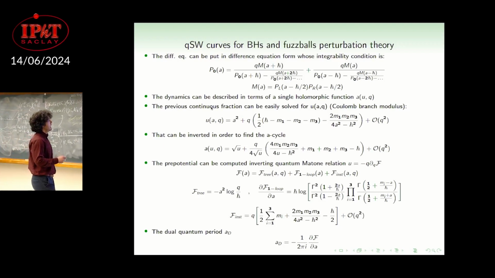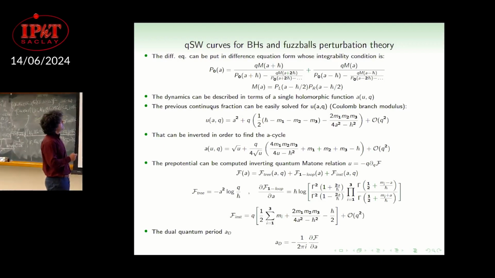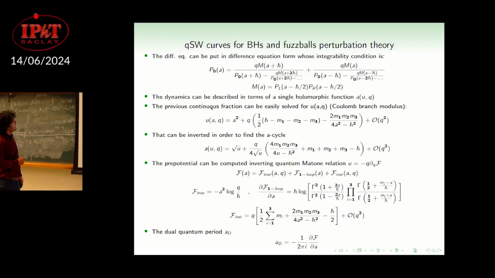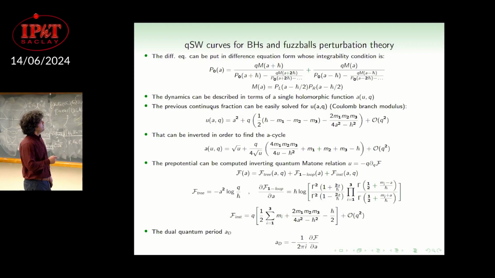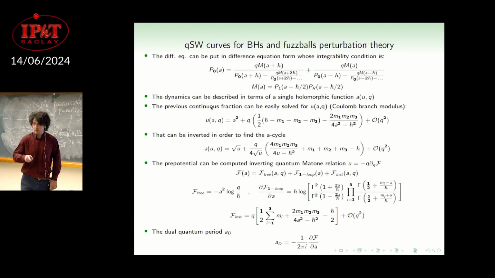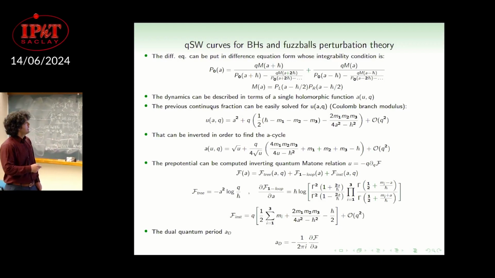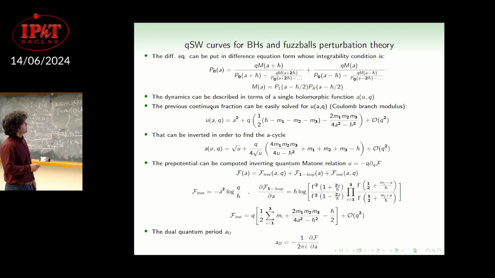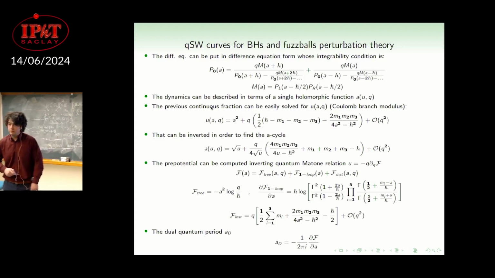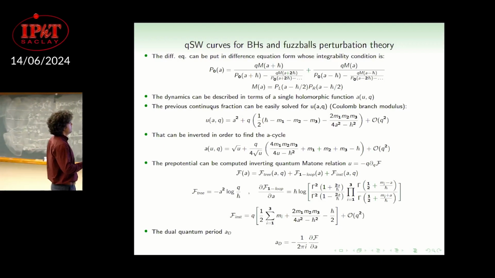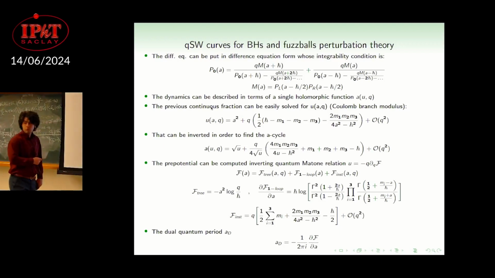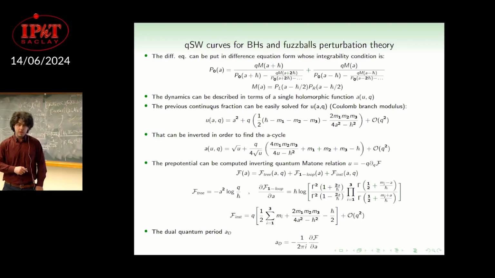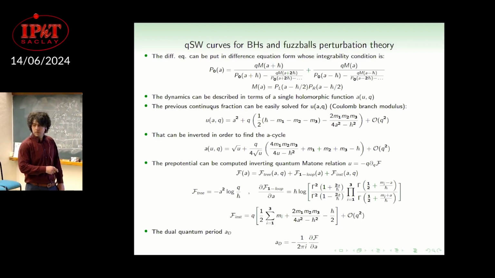This continued fraction depends only on A, the cycle A, which is a holomorphic function in a sense. And you can solve this continued fraction perturbatively in order to find the modulus U with all the instanton corrections, so a series expansion in the gauge coupling Q.